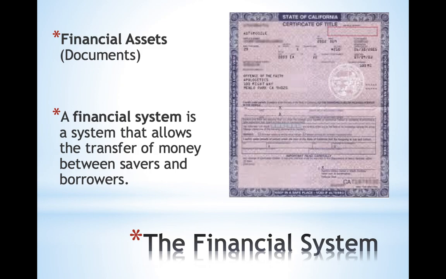When you talk about a borrower, if you go to a bank and you want to open up a business, you can get a loan for that. If you want to go to school but you can't afford it right now, you can get a loan for that. So the financial system is where you have all these people borrowing money from banks and lenders, say the federal government with student loans, and then people will also be able to save their money in things like banks.